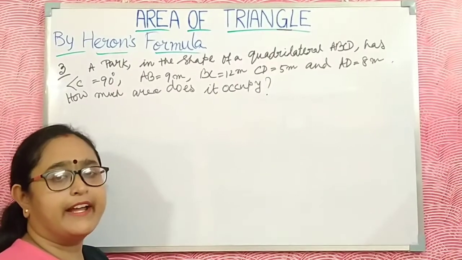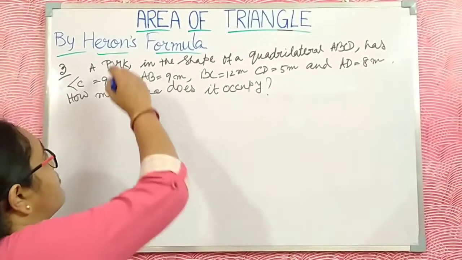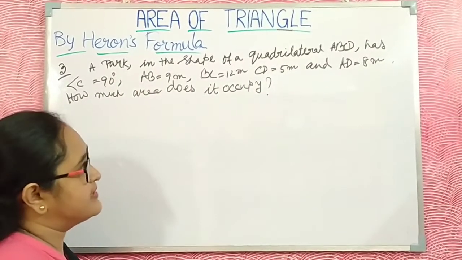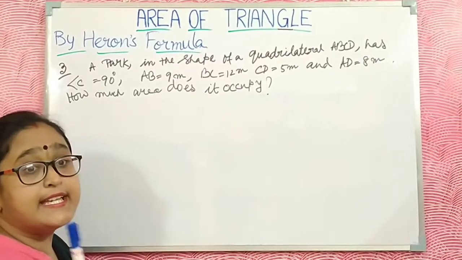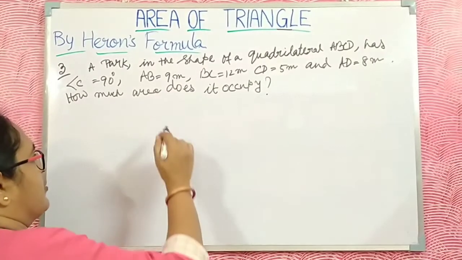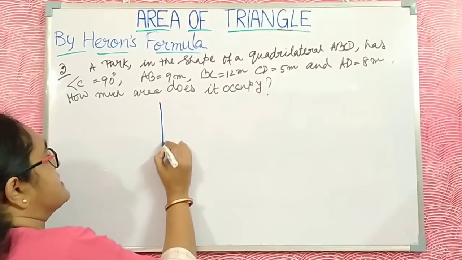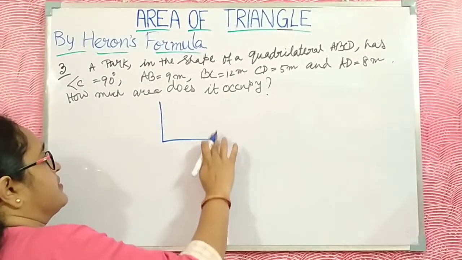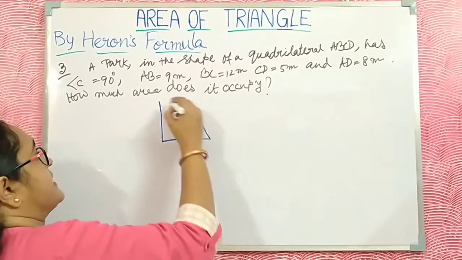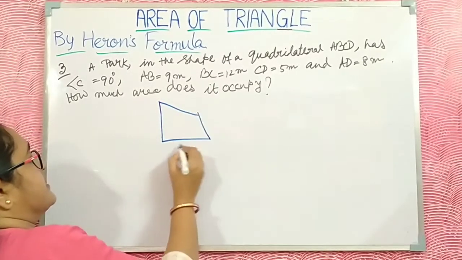Now I take another example: a path in the shape of quadrilateral ABCD has angle C as 90 degree. Here C is 90 degree, not another angle; C is 90 degree.